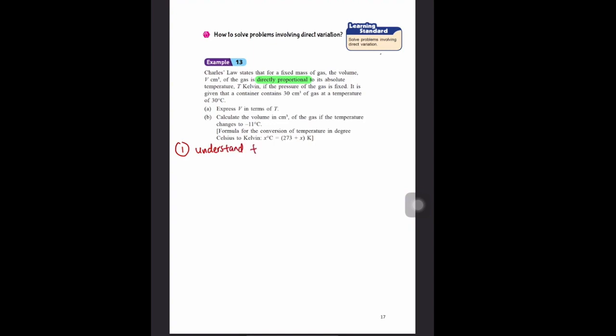From the problem, it is given that V is directly proportional to T. And from the question itself, we know that V is equal to 30 when T is equal to 273 plus x Kelvin. This is the conversion. You need to know that.